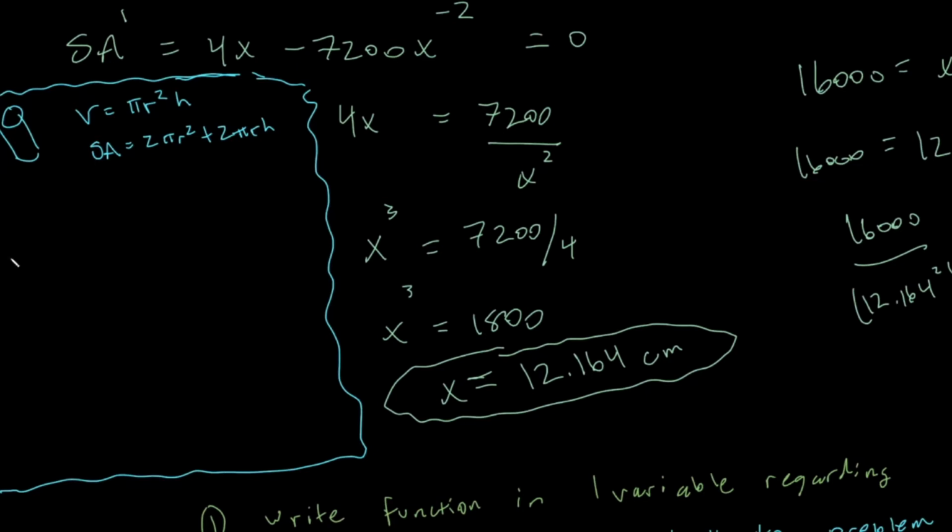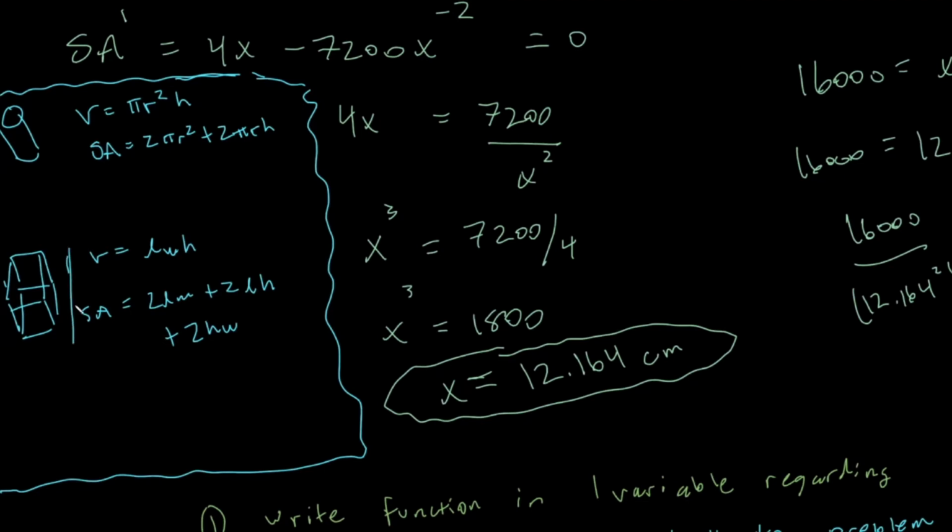And a rectangular prism, the volume is length times width times height, and the surface area is 2 length width plus 2 length height plus 2 height width. Right, it's just the product of those faces, those 6 faces.